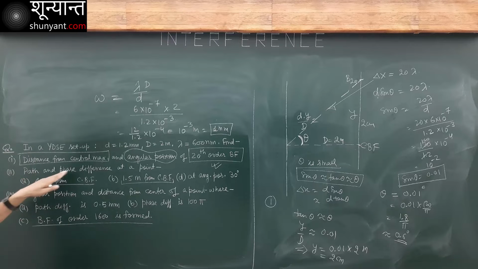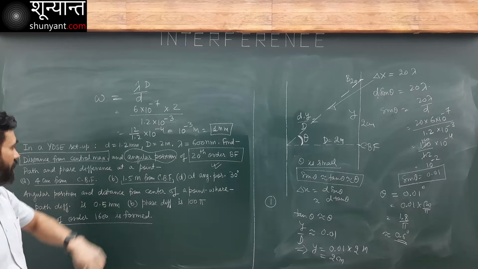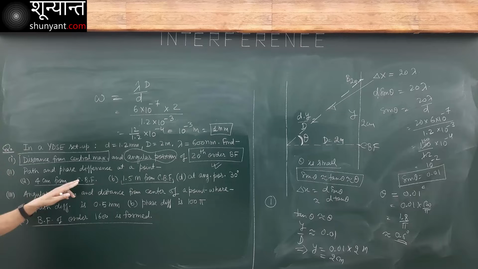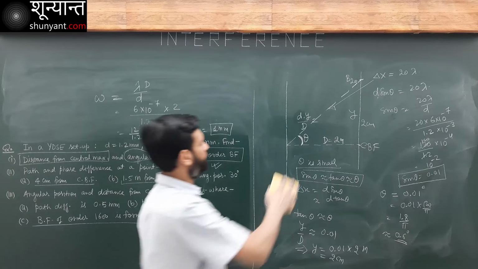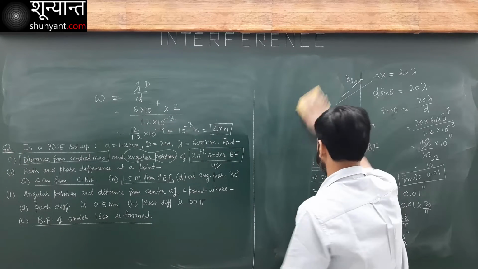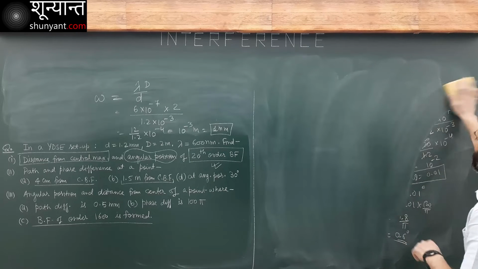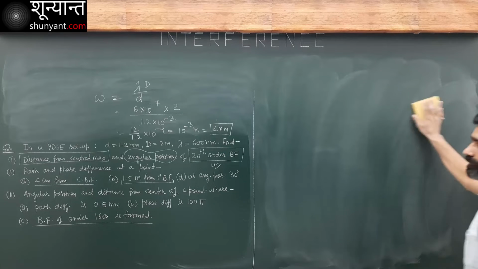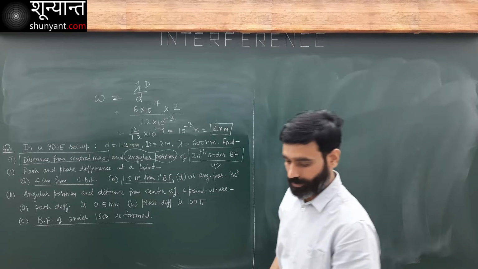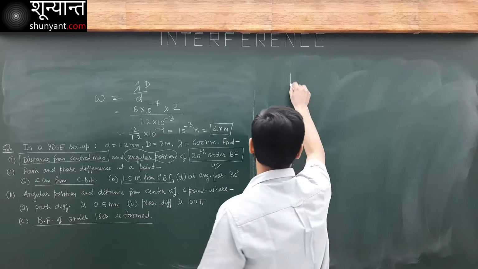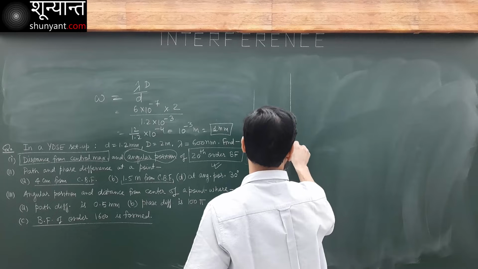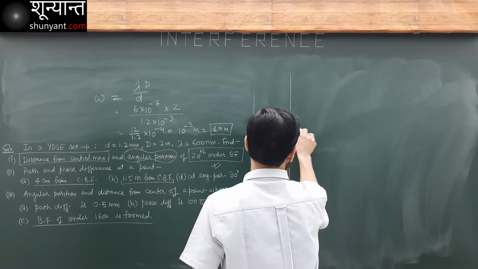Path difference and phase difference at a point 4 centimeter from central bright fringe. 4 centimeter. This is a small value. You see, it's like this.